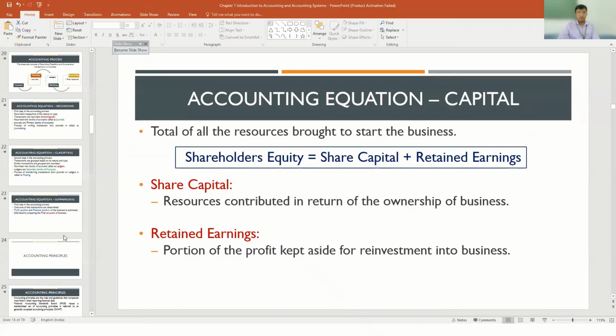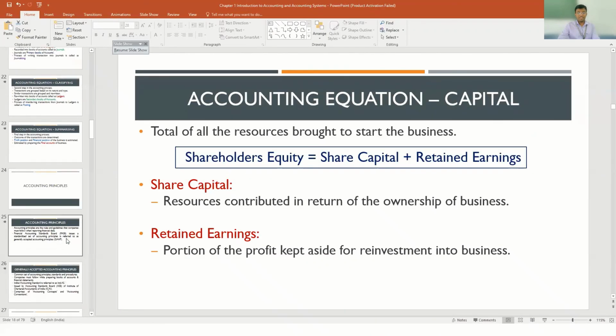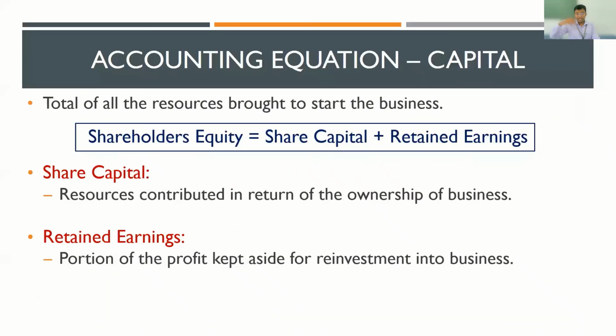So your company has made some profit. Instead of utilizing the entire profit, you decide to save some amount of money. The amount of money that you're keeping aside is referred to as retained earnings.